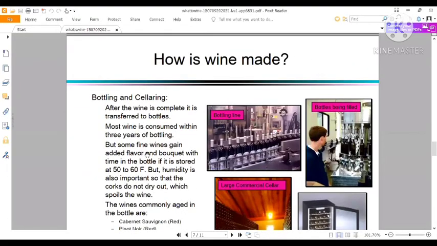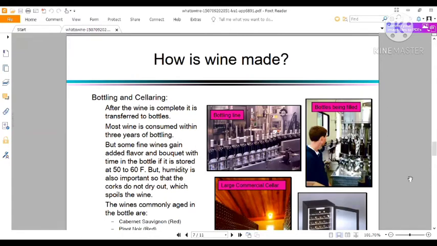Okay, how the wine is made again, the bottling and cellaring. After the wine is completed, it is transferred to bottles. Most wine is consumed within 3 years of bottling, but a few wines gain added flavor and bouquet with time in the bottle if stored at 50 to 60 degrees Fahrenheit.